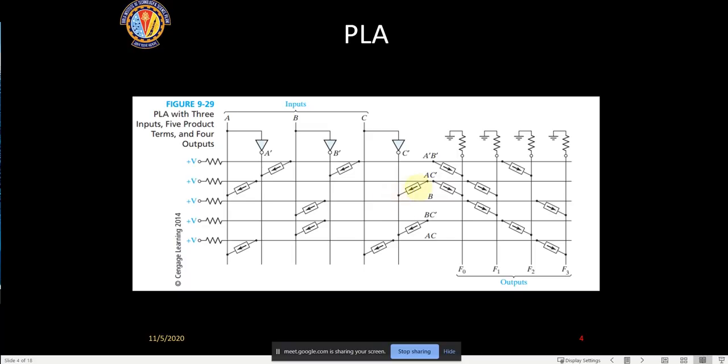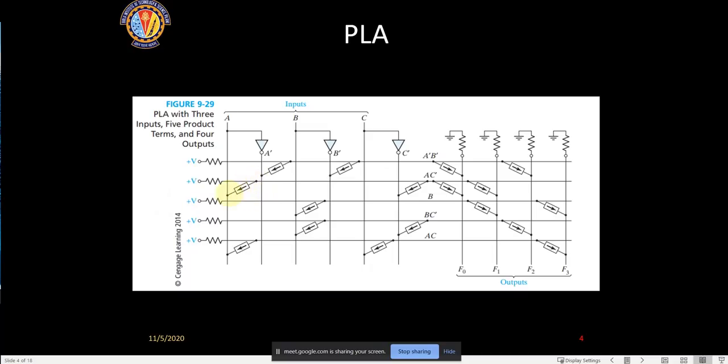If these two are not connected, then you have the VDD voltage available here. That means on this horizontal line there will be a +5 voltage in TTL. For other logic, it will be whatever is the VDD. So the 5 volt is available here, so it is a 1 here, right?